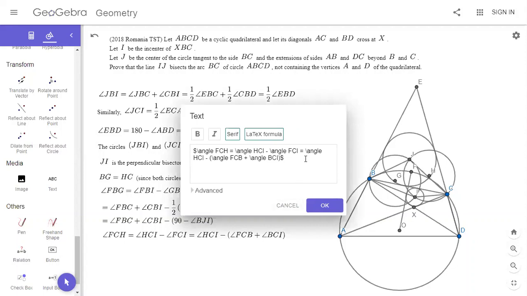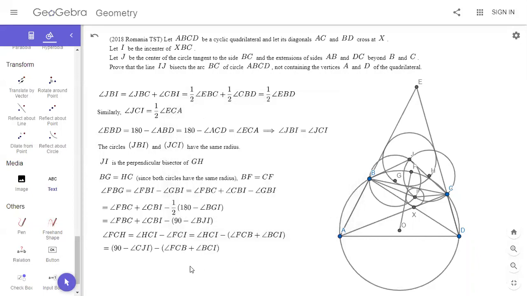And then HCI is 90 minus CJI, using the same idea as before. And FCB, I'll just leave like that. Yeah, so basically, we want to show that these two things are equal right here and right here.